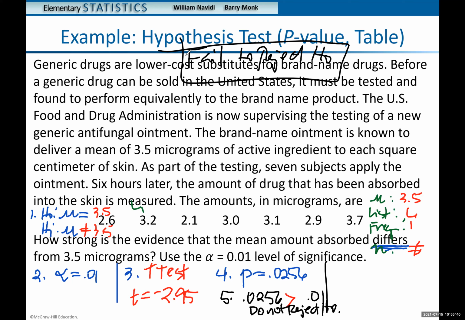There are so many statistics books, they use either of the two, and they're both correct, okay?